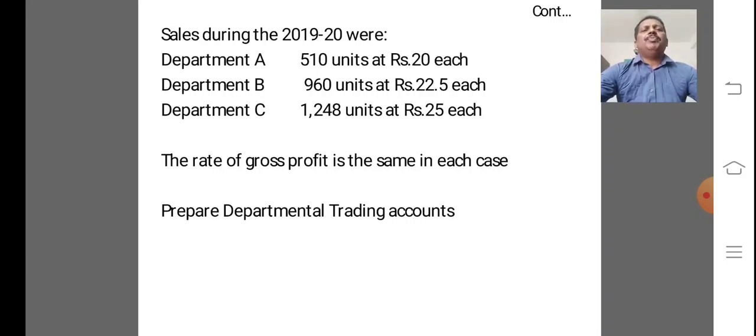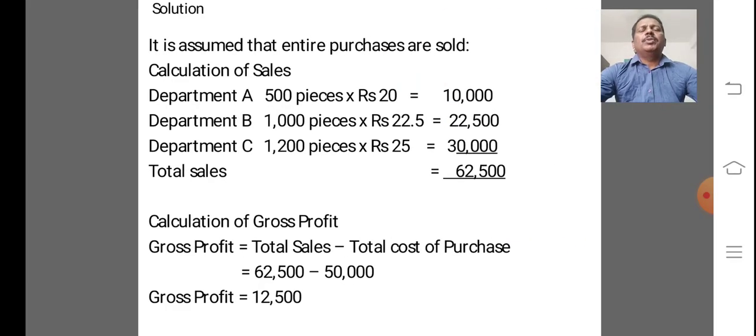The rate of gross profit is the same in each case. Prepare trading accounts. Solution: it is assumed that the entire purchases are sold.